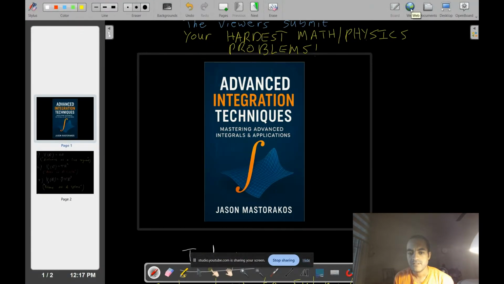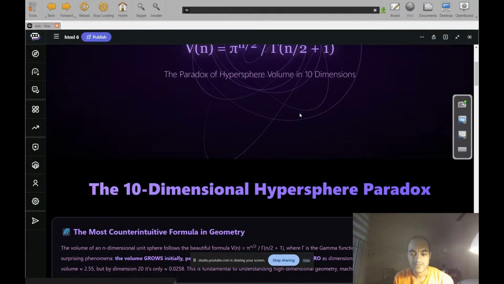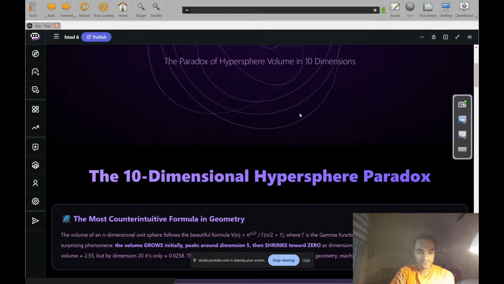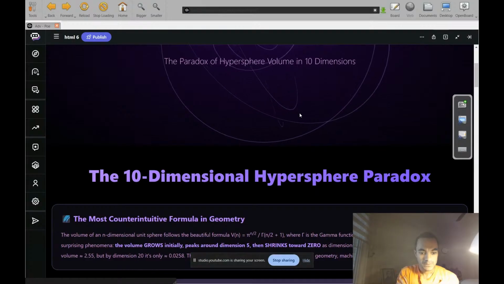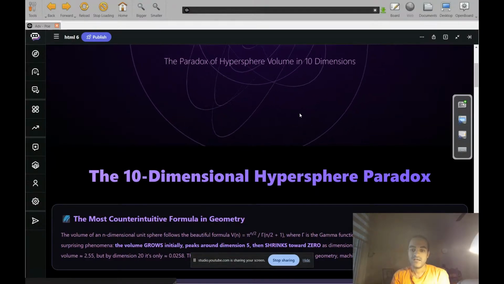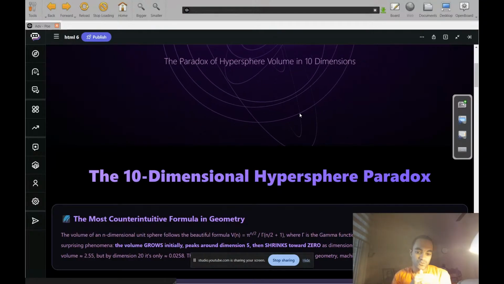So what that means is we're at an inflection point, right? Initially, as I mentioned, the volume grows for any n-dimensional hypersphere. In hyperspace, the volume grows initially, but then it peaks around n equals 5. So when you have a dimension of 5, the volume will peak.